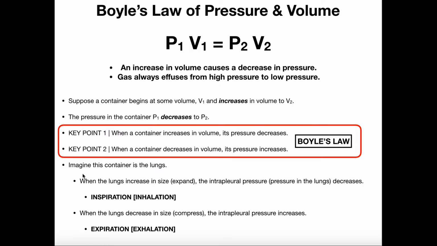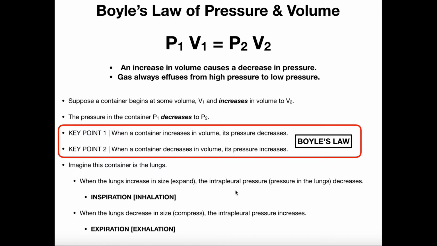So given this, let's consider that the container is the lungs. If the lungs were to increase in size, meaning they expand, what happens to the volume of the lungs? Well, if they're expanding, then they're increasing in volume. And so what we would expect is the pressure inside the lungs to decrease. Right? Because if their volume's increasing, their pressure should decrease.